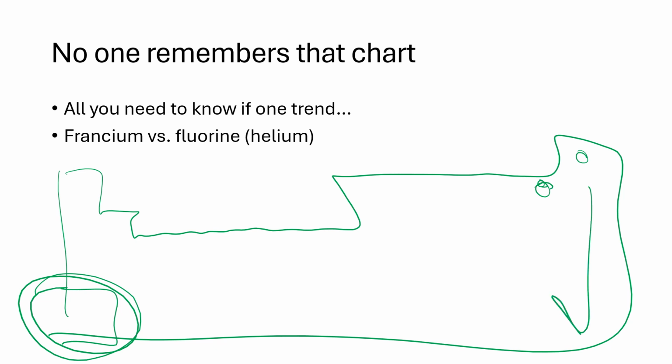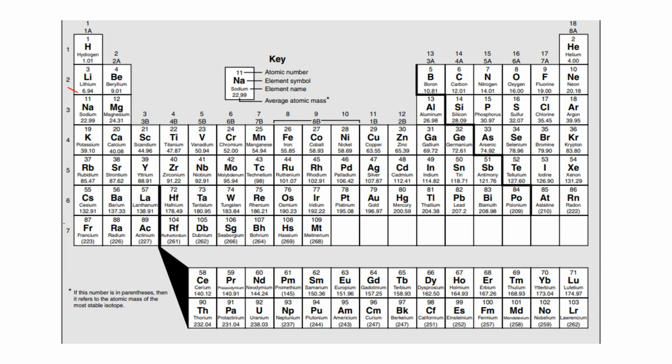Therefore, we know as we go down, we get larger, and as we go to the left, we get larger, because the closer it is to francium, the larger it is. I remember that because Fr is 2 letters, F is 1 letter, therefore francium is larger than fluorine. Fr, largest; fluorine, helium, smallest.